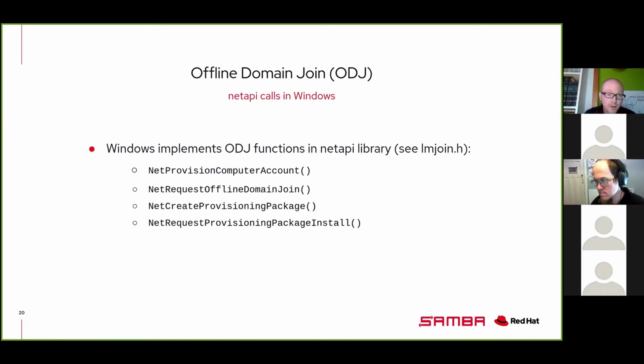So on Windows, as I mentioned already in these other graphics, there are a couple of functions available to basically deal with that mechanism. Most prominently the first two, NetProvisionComputerAccount and NetRequestOfflineDomainJoin. The first one obviously creates the account. The second one then really adds the content to the local operating system.